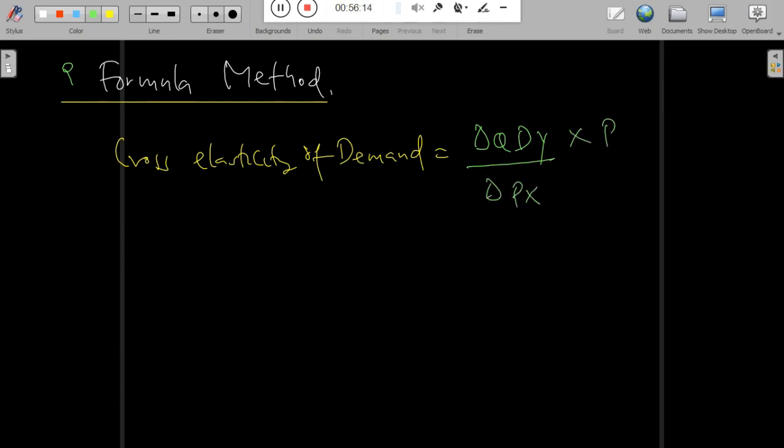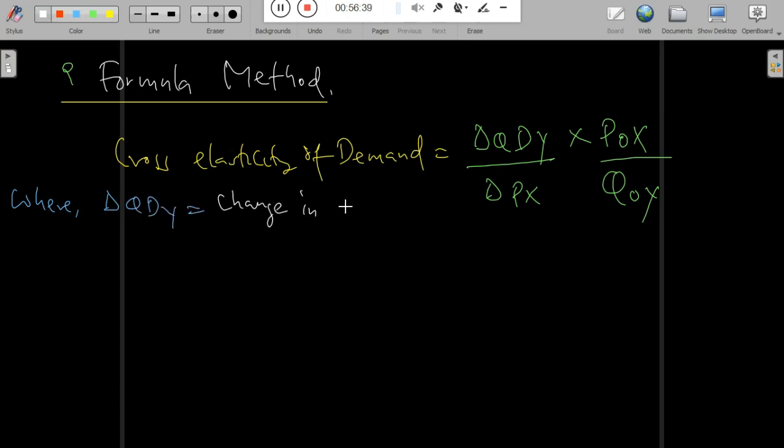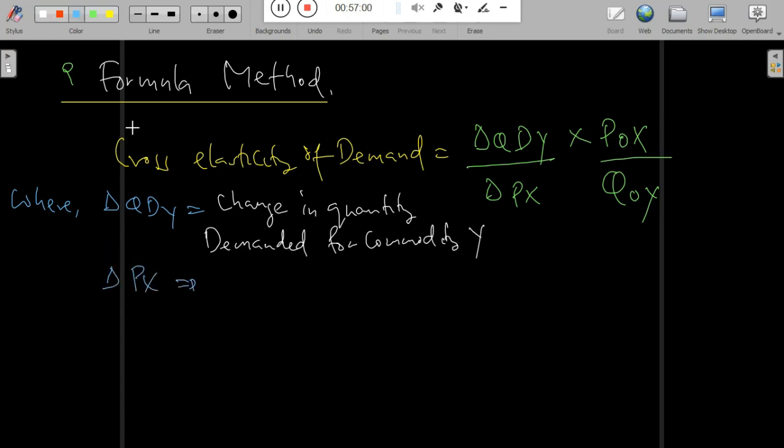Under the formula method, cross-elasticity of demand is given by the percentage change in quantity demanded of commodity Y divided by the percentage change in price of commodity X. So we take the change of quantity demanded of Y over the change of price of X, times the base year price of commodity X divided by the base year quantity of commodity Y.